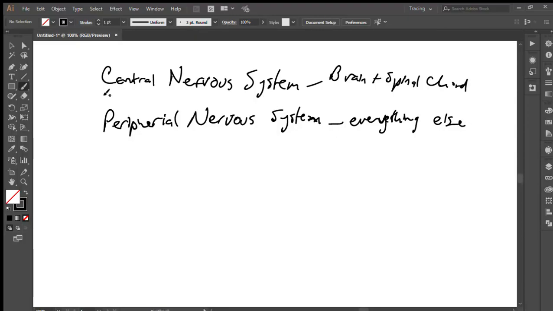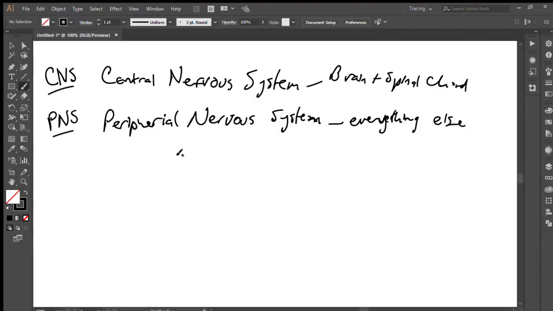When you want to write out central nervous system on the test or the study guide, you can just write CNS. Peripheral nervous system, PNS. So you can use those unless it asks you what that means. I don't believe it does on the test, but you never know. It may ask you what the central nervous system is, and you can say it's the brain and the spinal cord.